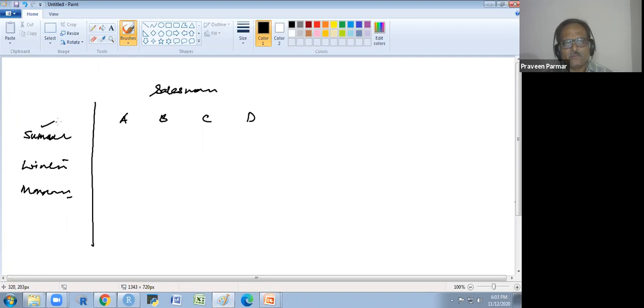So we have categories on both sides, and the values are inside here. The sales figure may be in rupees or dollars, whatever, or it may be in quantity. We don't bother about whether it is quantity or price. Got it?